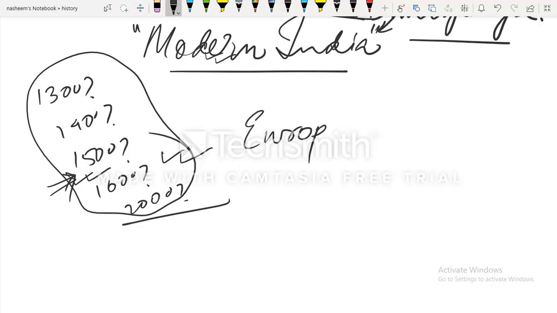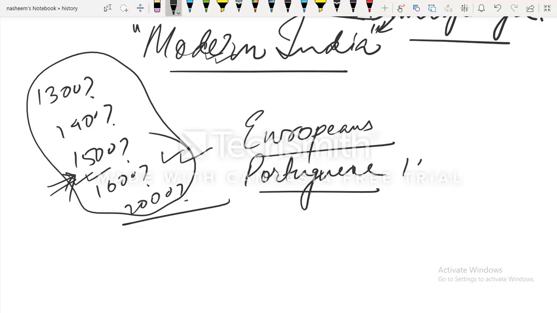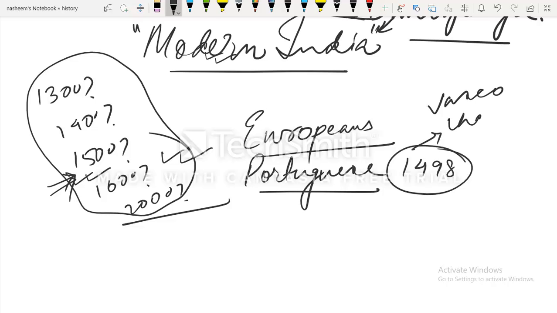Europeans, जैसे कि पहले पोर्टुगीज आए, 1498 में वास्को चाचा आ गए थे, वास्को डी गामा. Then we had the Dutch. That's the second to come. Then the British.